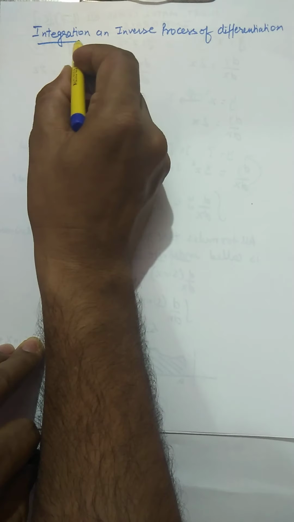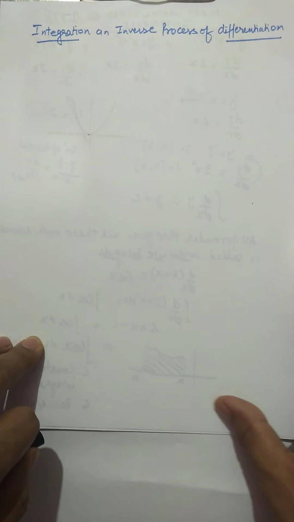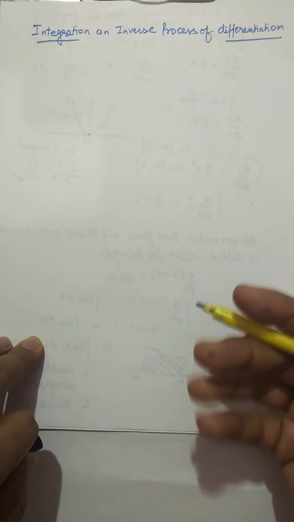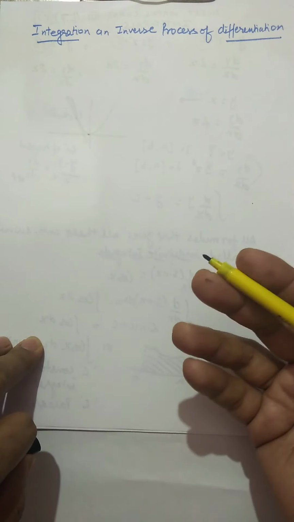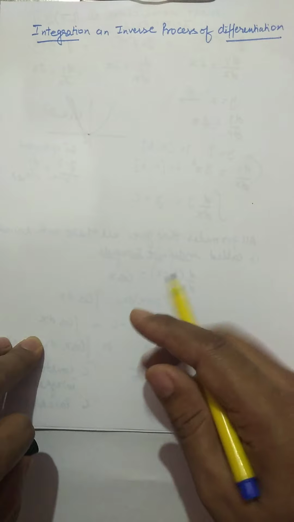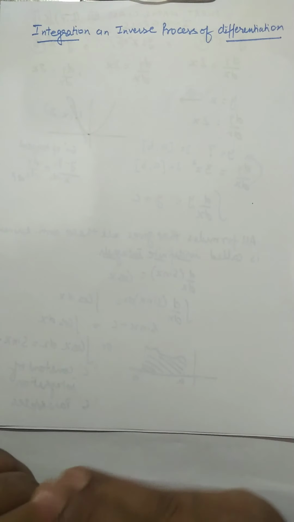Differentiation, as we know, means the process: if a function is given and you want to find dy by dx, the process is called differentiation. And again, if the derivative is given and you are finding the original function, the process of finding the original function is called integration.